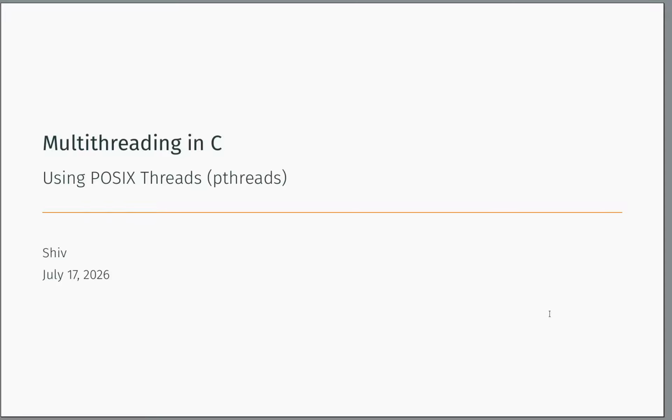Now C and C++ both have their own threading library. We don't need POSIX threads, but before, I believe C11 or C14, C11, I think, that is when C++ got thread. C got threads in C11. C++ got it probably in C++11, I don't exactly remember.